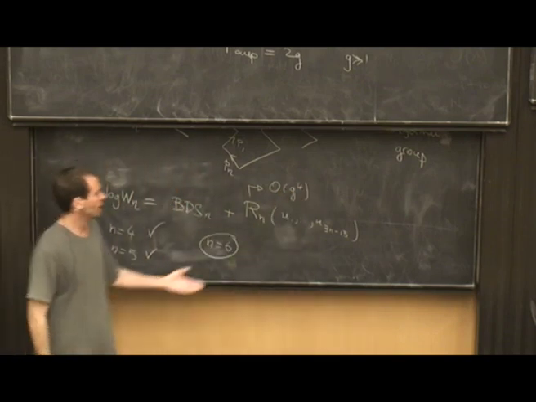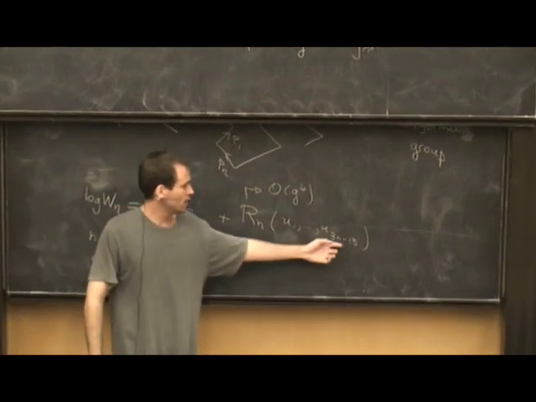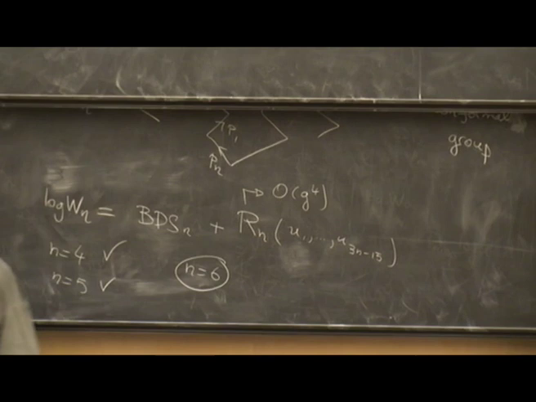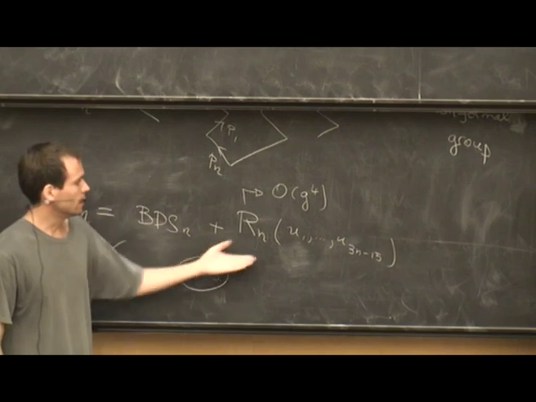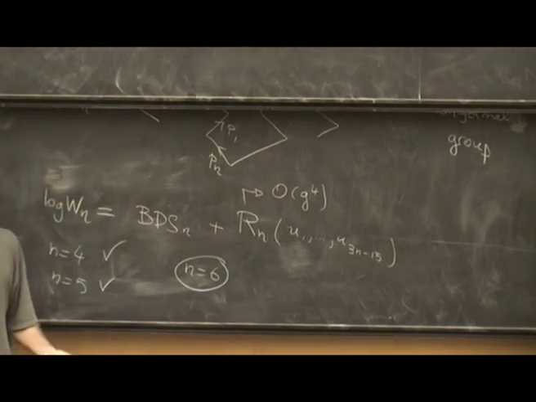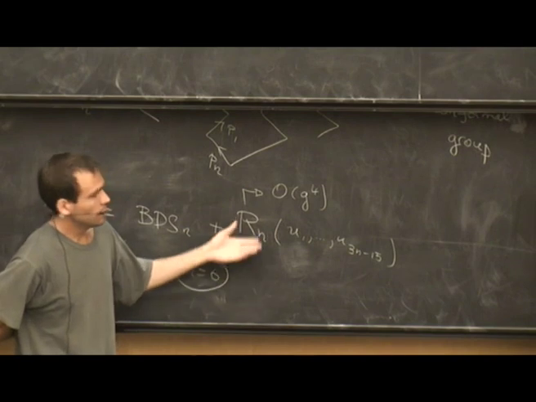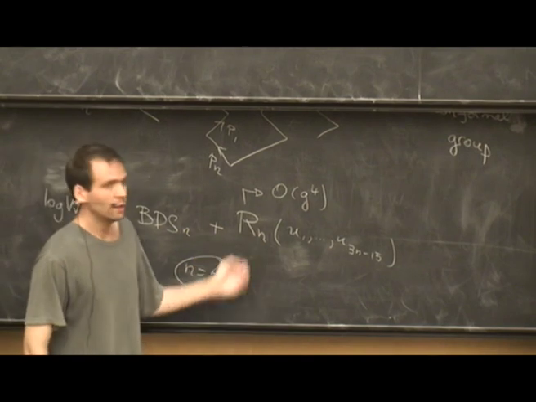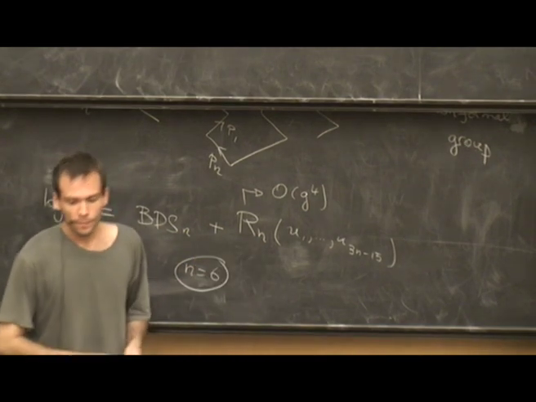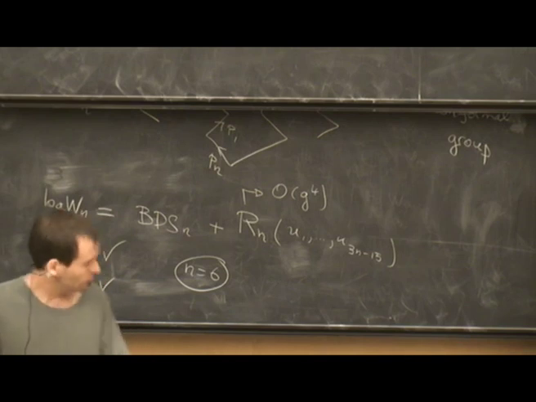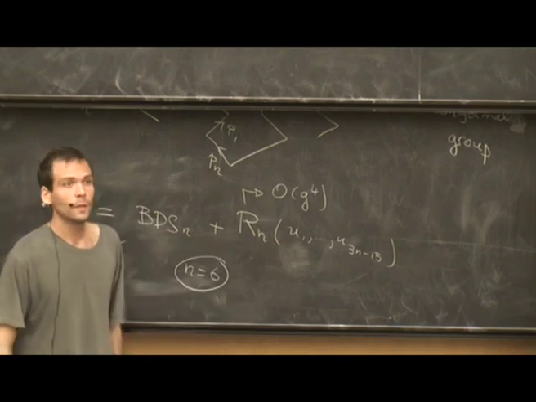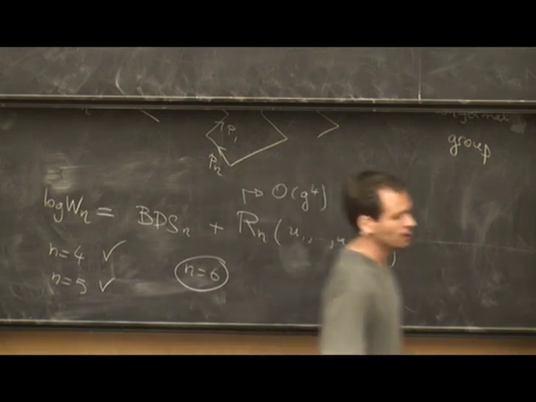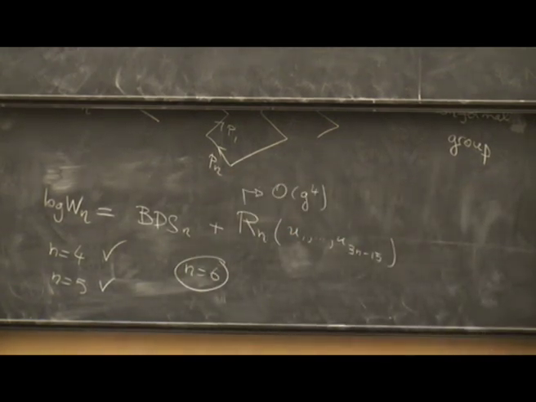And we know that this cannot be totally trivial, because at least at large n and at strong coupling, Alday and Maldacena gave us some evidence that there should be something not captured by BDS, and this is just a rephrasing of this. So in the simplest case of n equals 6, people did the explicit computation at 2 loops, and indeed they found that this remainder function is there. So now the new problem becomes: can we compute this remainder function, which is a function of these conformally invariant quantities? Okay, so that's the main step.